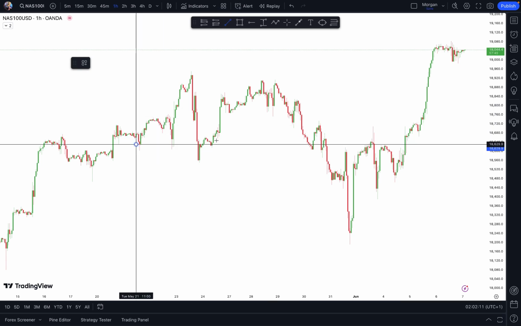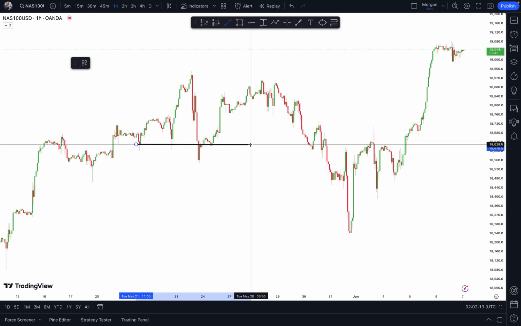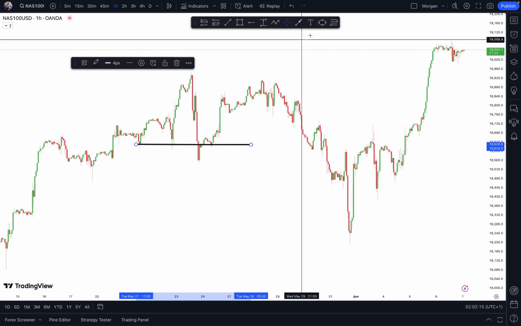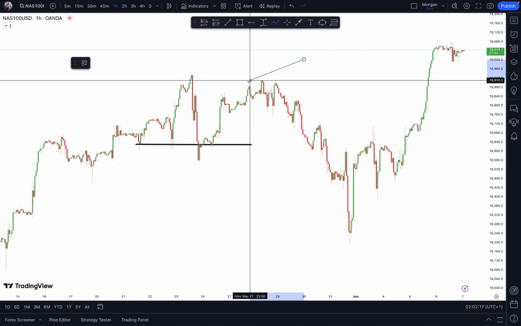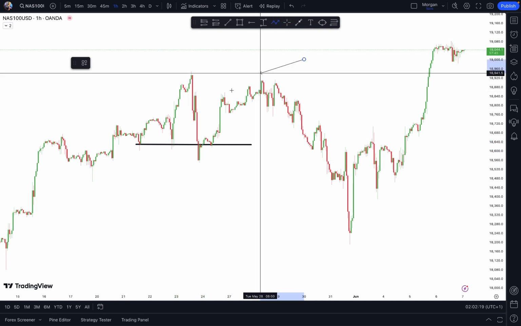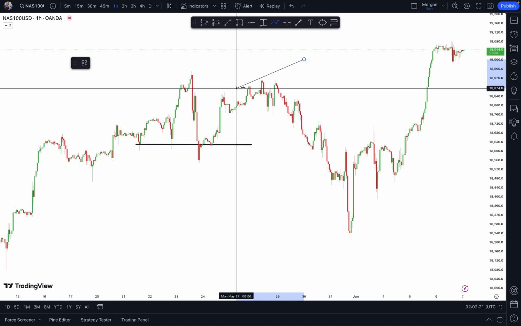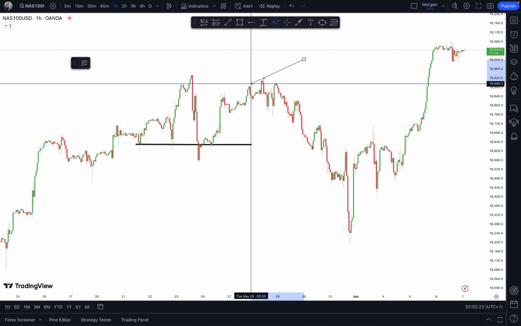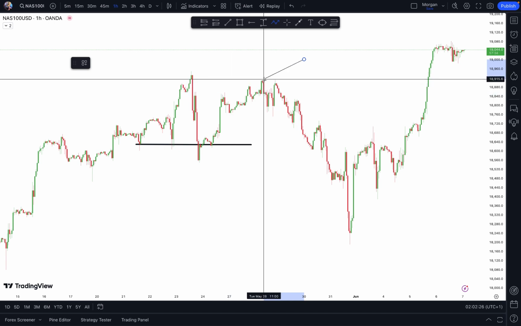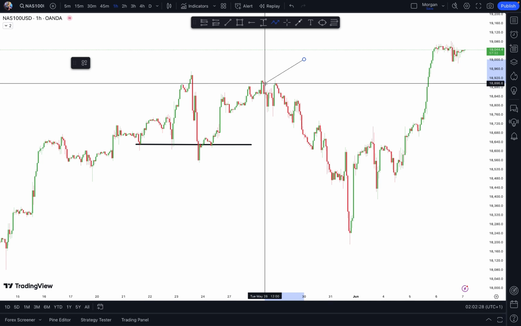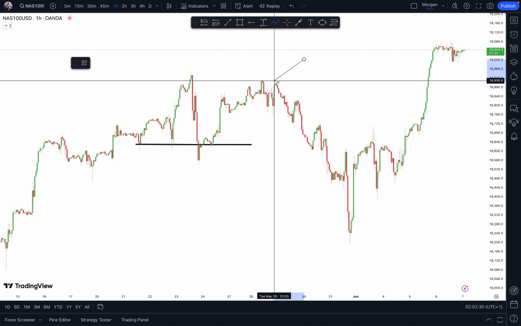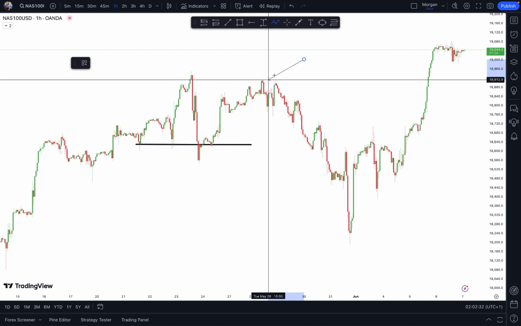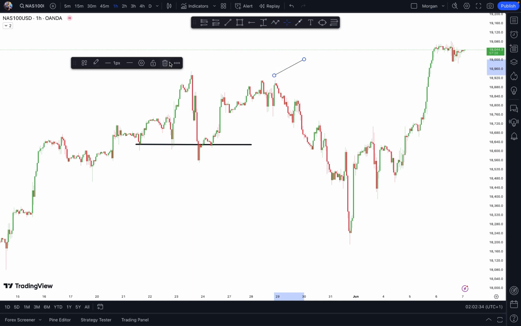Here price makes a new low, goes on and struggles to make a new high. As you can see, price tried going higher, tried going higher, and you see price clearly struggling to make a new high in this situation, right?